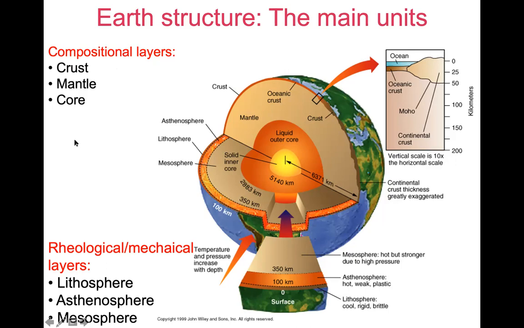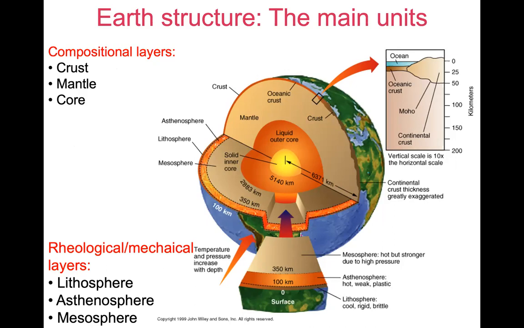Then we divided it into three layers again, depending on the rheological or mechanical properties: lithosphere, asthenosphere, and mesosphere. So the lithosphere is the litho part. What do you mean by litho?